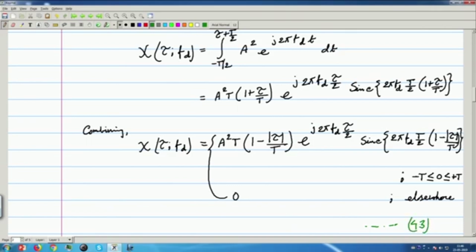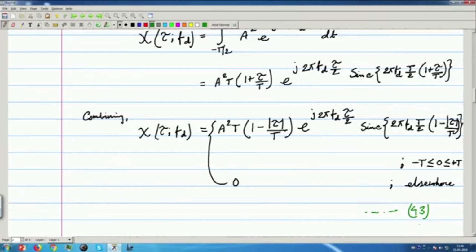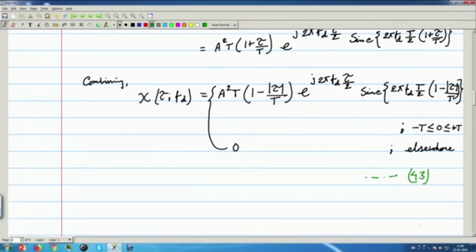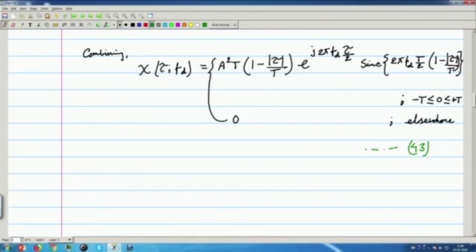Okay. So, this is the two dimensional ambiguity function. It can be easily plotted for various values of tau and various values of f d. You see it is a function of tau and f d. So, it can be plotted as a 3D plot where the ambiguity function magnitude versus tau and f d can be plotted, but more instructively we can easily find the range ambiguity function.